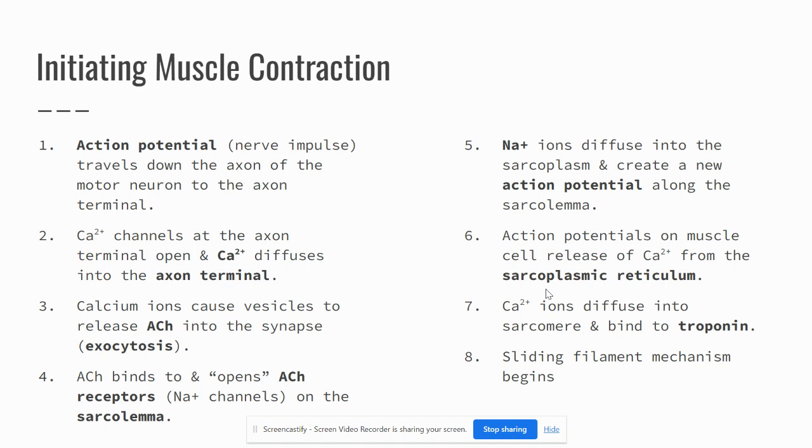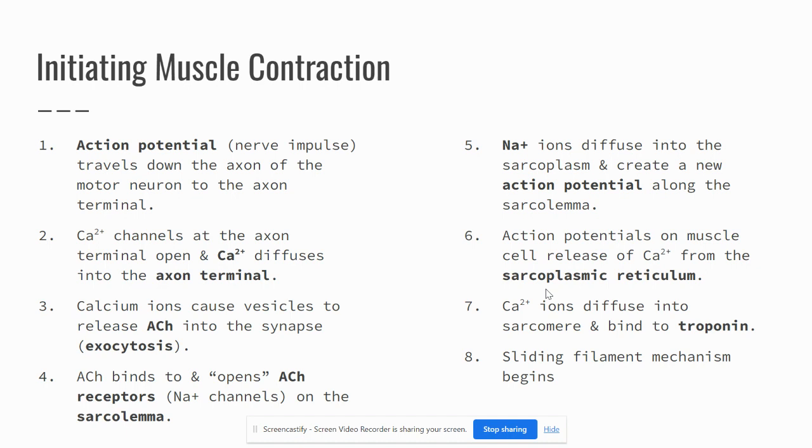As that action potential is traveling down, it opens voltage-gated calcium channels at the axon terminals. And as that calcium diffuses into that axon terminal, it causes vesicles to release acetylcholine into the synapse via exocytosis. Acetylcholine is a neurotransmitter.